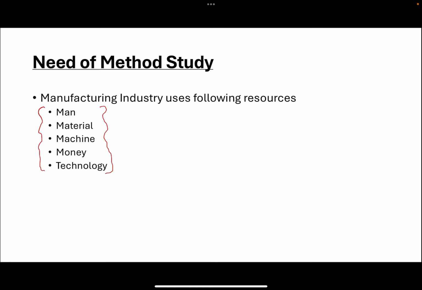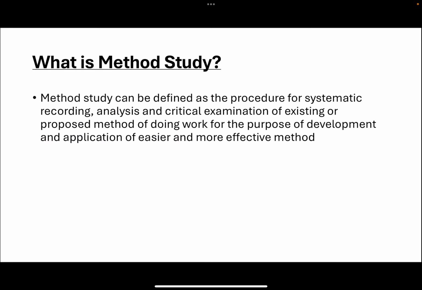Once you define a method that uses less time to manufacture a product, you need fewer man hours and fewer machine hours, etc. So we make optimum use of these resources, which helps in increasing productivity.